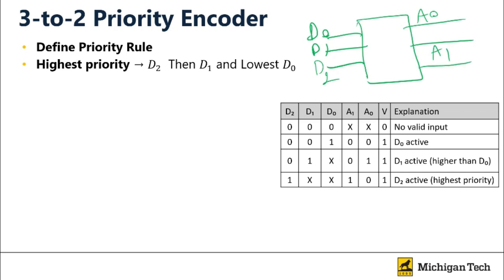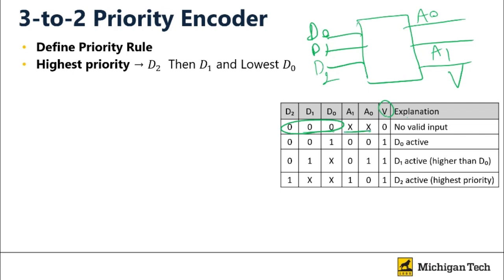Oh, and V. V is also in a priority encoder, we always have it, showing whether the output is valid or not. For example, 0, 0, 0 is always invalid. So for these inputs, the valid is 0.